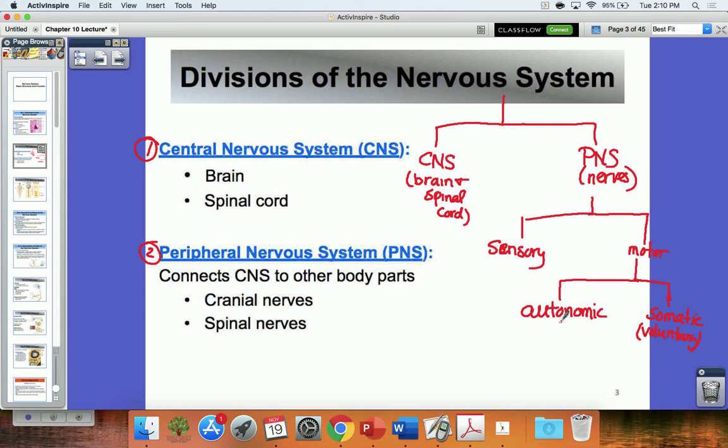And then we may go into a little bit more detail with this one within the nervous system. But the autonomic nervous system can actually be subdivided a little bit farther. I'm going to add this to it, what we call the sympathetic and parasympathetic nervous systems.